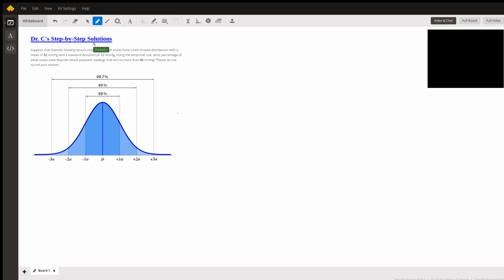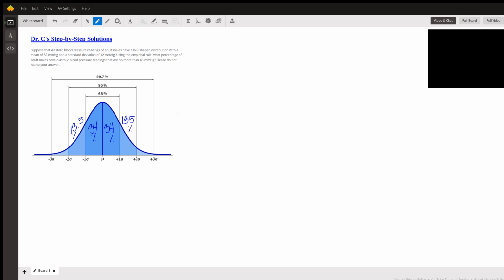If we draw a line right in the center of the data, that breaks things down. If it's 68%, that's 34% on each side. Then within 2 standard deviations, you take 68 from 95, which gives you 13.5% on each side.